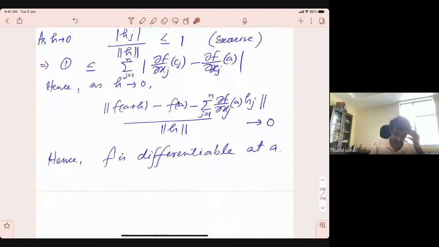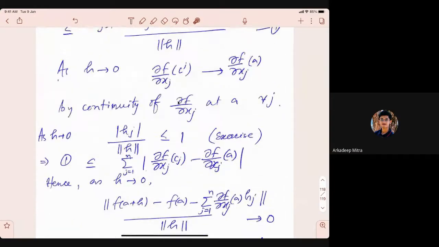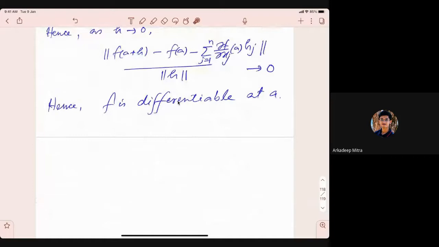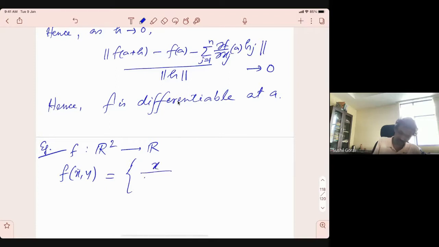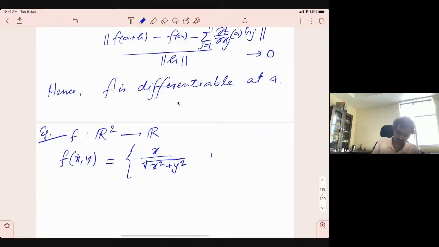Yeah, any other question? Excuse me, sir, why will the limit not exist? I mean, for a particular j, the value will always be the same. Okay, let's see. Consider the function f of x, y from R2 to R, which is x by square root of x square plus y square when xy is not equal to 0, and you have to put 0 when xy equal to 0.